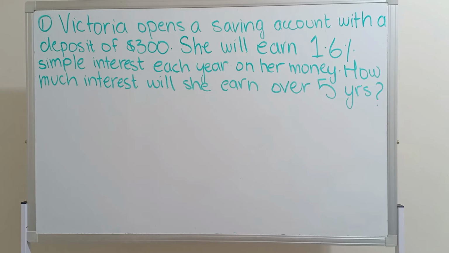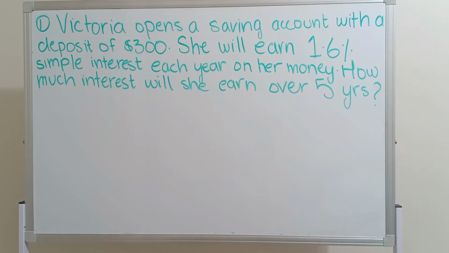So we're going to find how much interest she will earn over 5 years. So let's just underline our question. So we know that the deposit she made is $300 and she will earn 1.6% simple interest each year, and we need to find for 5 years.